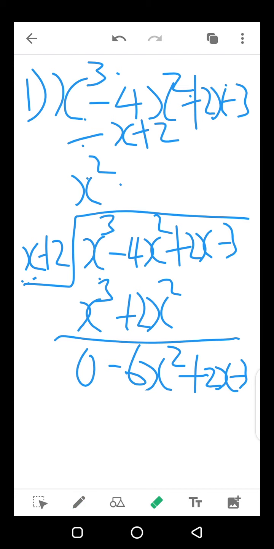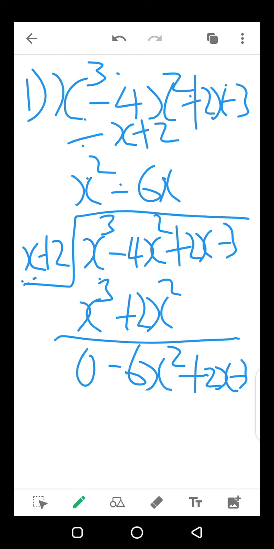So what we are going to have now is minus 6x raised to power 2 divided by x. We are going to get minus 6x. That is x minus 6.